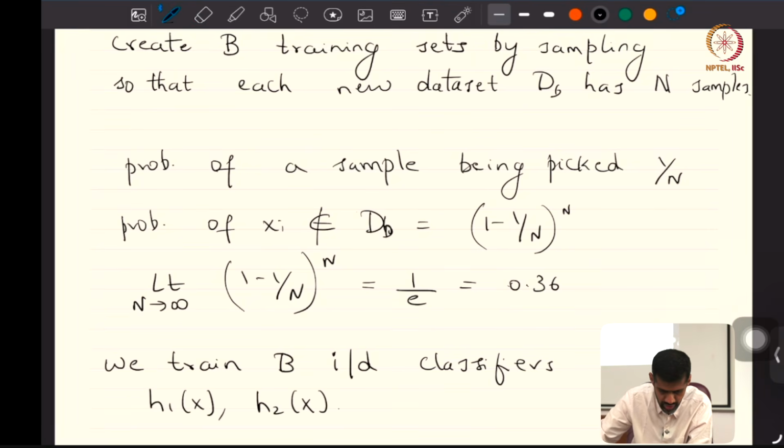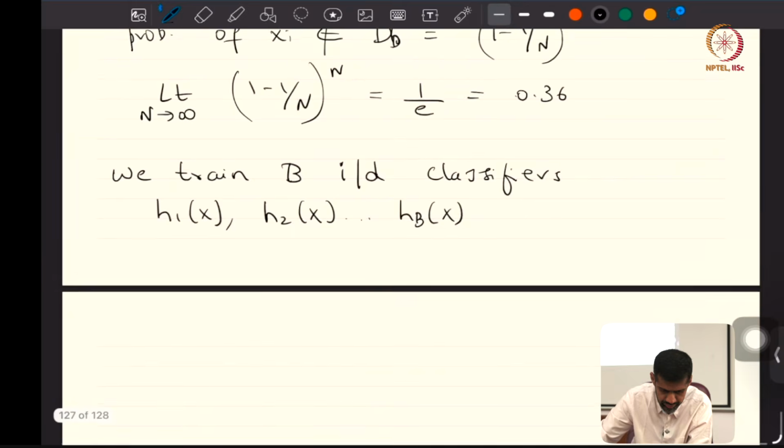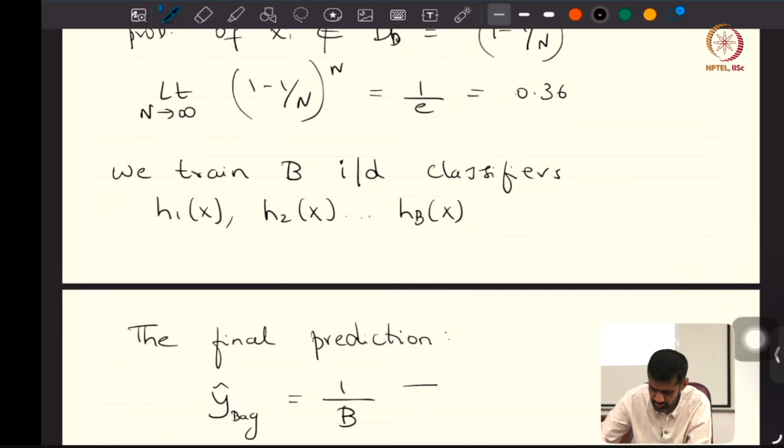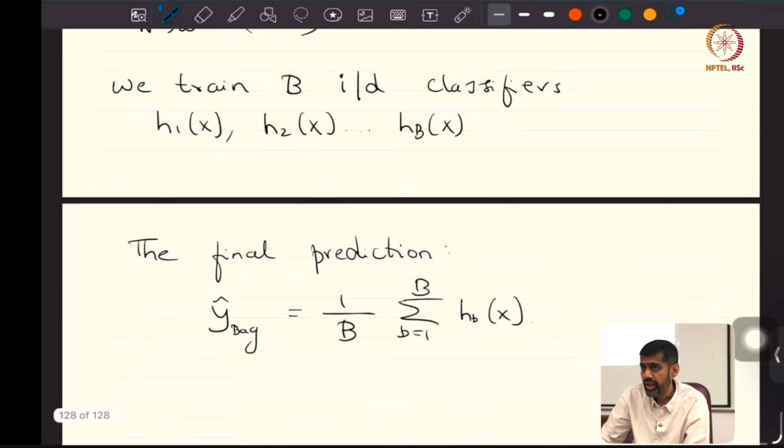So the final prediction, y cap for the bagged case, is simply the average. If it is classification, we will approximate this by taking the majority vote out of the B of them. If it is regression, you just take a numerical average of it, that is it.